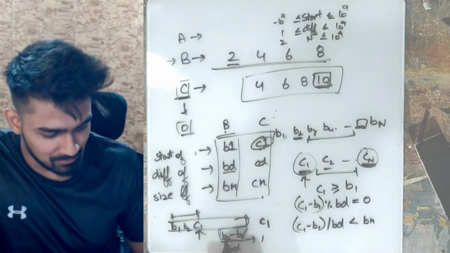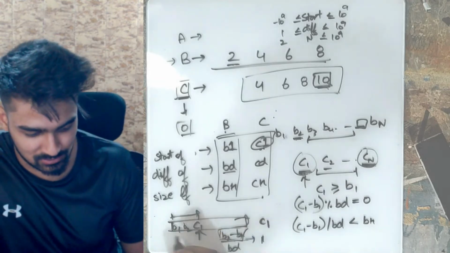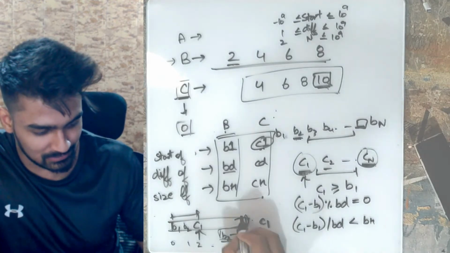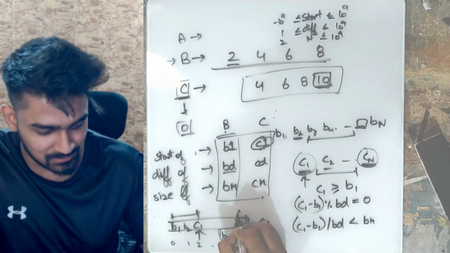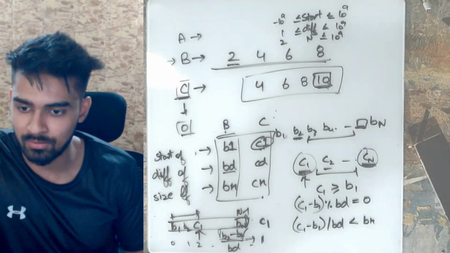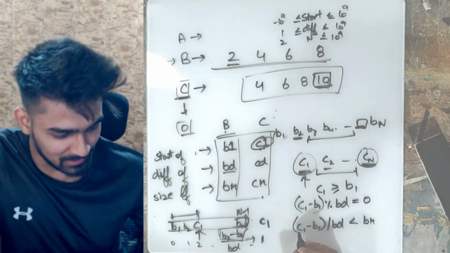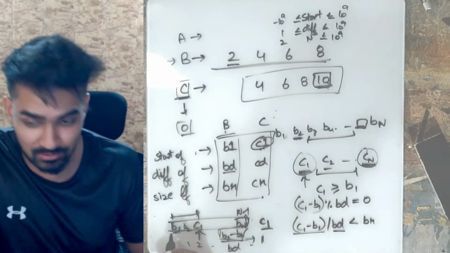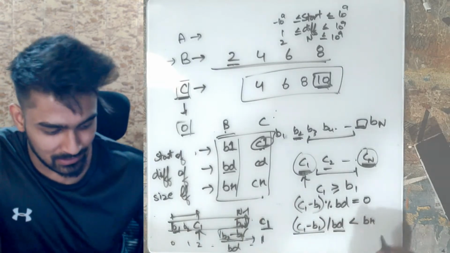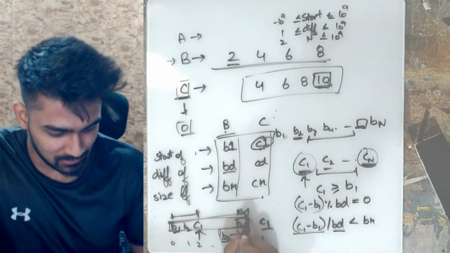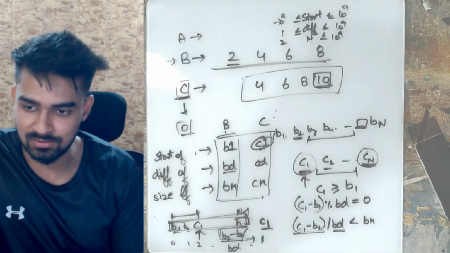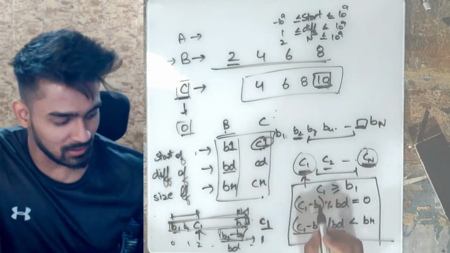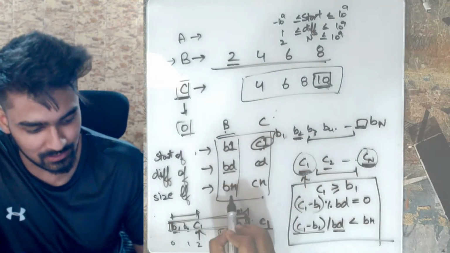So that means B2 is present at the first index. So this is 0, 1, 2, and so on. So basically, the last value bn will be present at n minus 1. Therefore, the difference (C1 minus B1) divided by the difference of the AP should be less than bn. Then only we can say that it is present somewhere in the middle of the series. So these are the three conditions that you need to ensure if a particular element is present in a sequence.